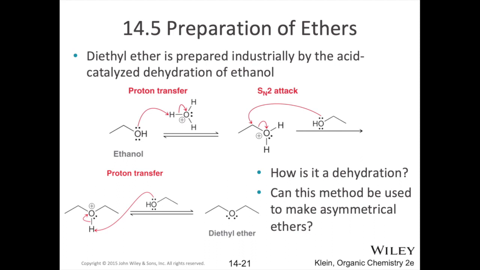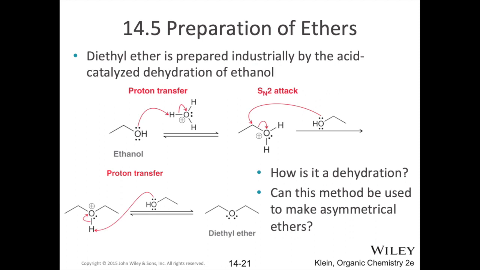This gets a little trickier if you're trying to do this with an asymmetrical ether, if you have different alkyl groups, because if you use this method, you get a mixture of products, and not all of it is the product you want, right? Maybe only half of the product you get is the ether that has both alkyl groups.